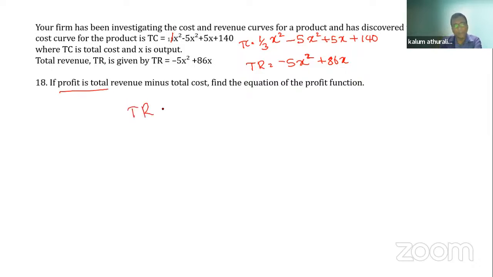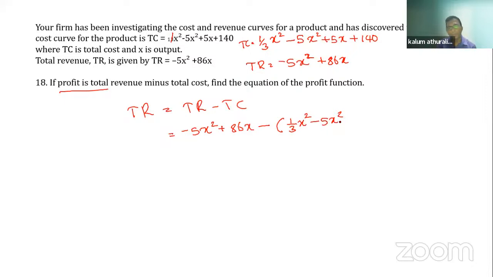TP equals TR minus TC. Then TR equals minus 5x squared plus 86x. Subtract, put the bracket, and 1/3 x cubed minus 5x squared plus 5x plus 140.